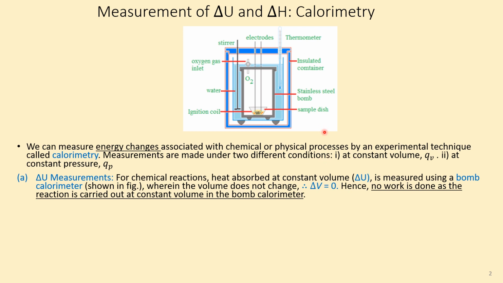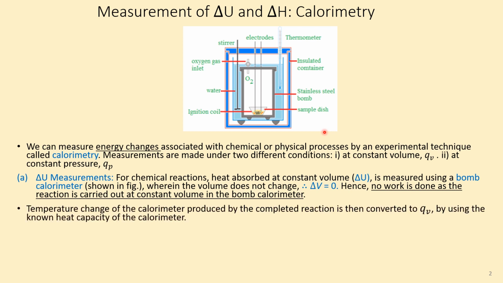The heat released by the fuel on combustion is absorbed by the surrounding water and the calorimeter. There is no change in the volume of the vessel. Therefore, delta V is equal to 0 and no work is done, as the reaction is carried out at constant volume in the bomb calorimeter.